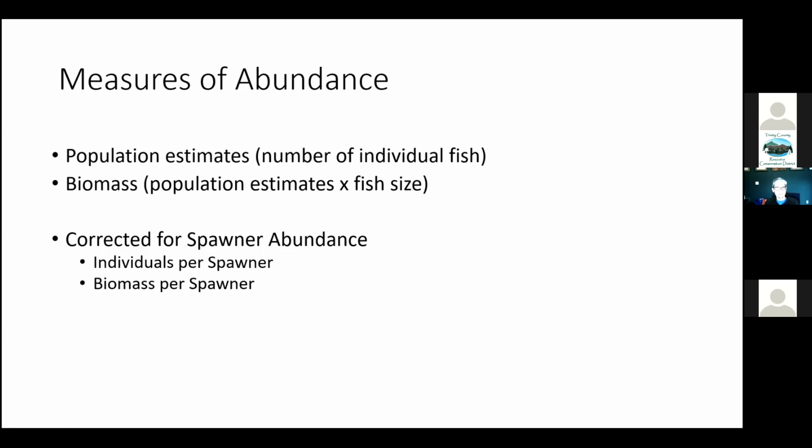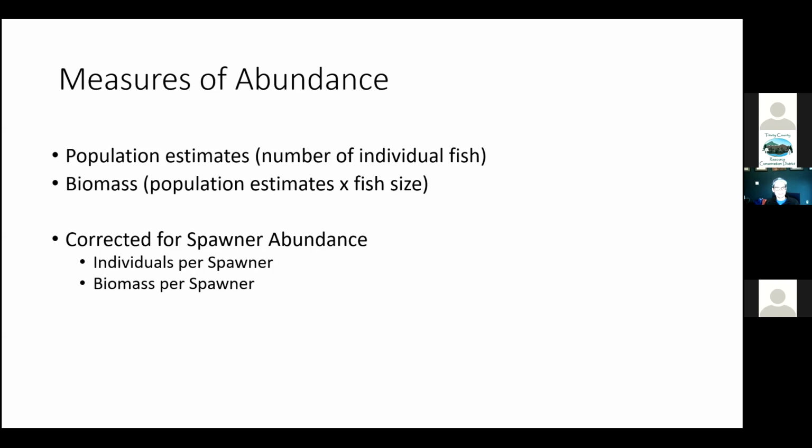It's useful also to, we know that adult runs are highly variable. And we know generally if there's more spawners, we'll get more juveniles. So just looking at numbers of fish, it's difficult to tease out the effects of management and the effects of restoration.